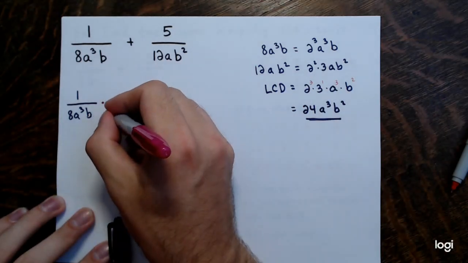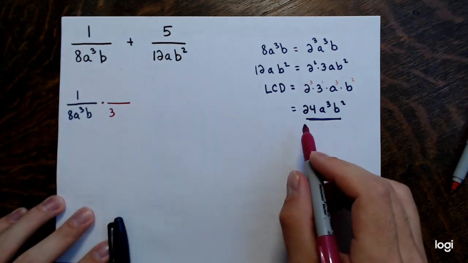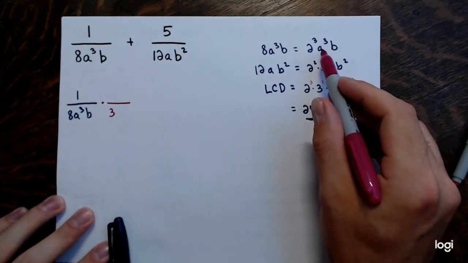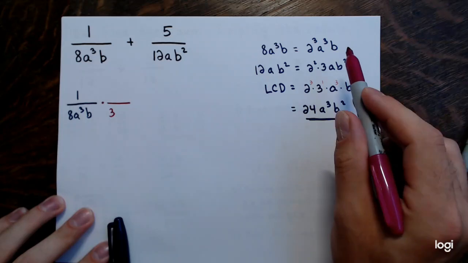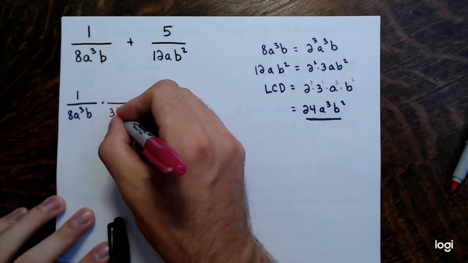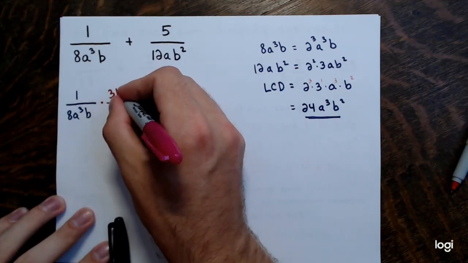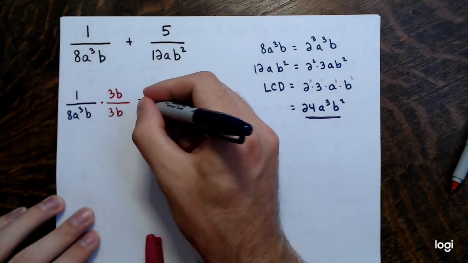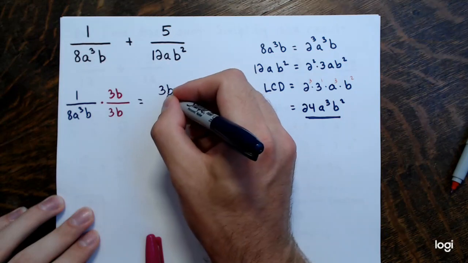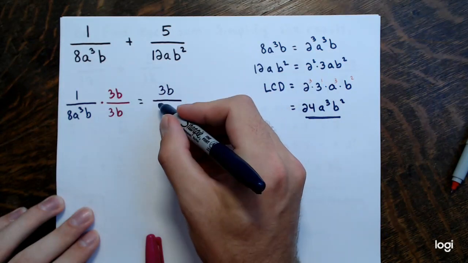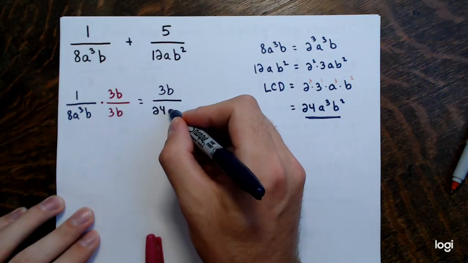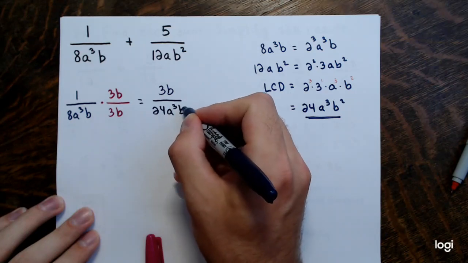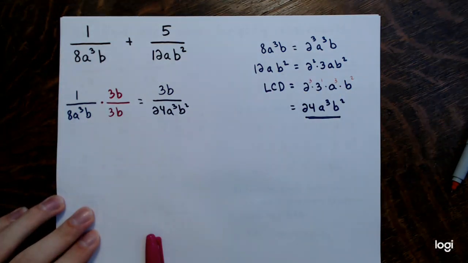So I'm going to multiply by 3. Right, that'll make the 24. This has a cubed, that has a cubed, this has b squared, that has only b, so I need a b as well. So I'm going to multiply the numerator and denominator by 3b, giving me 3b in the numerator, right? 3b times 1 divided by 24a cubed b squared in the denominator.